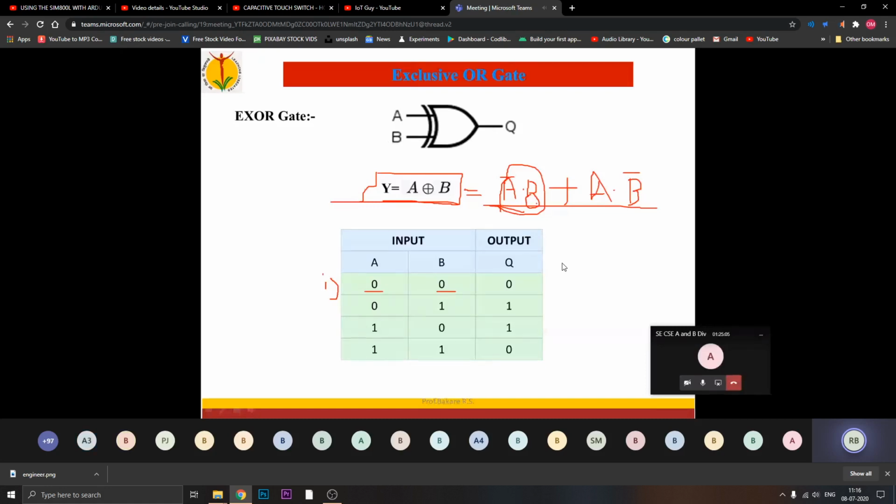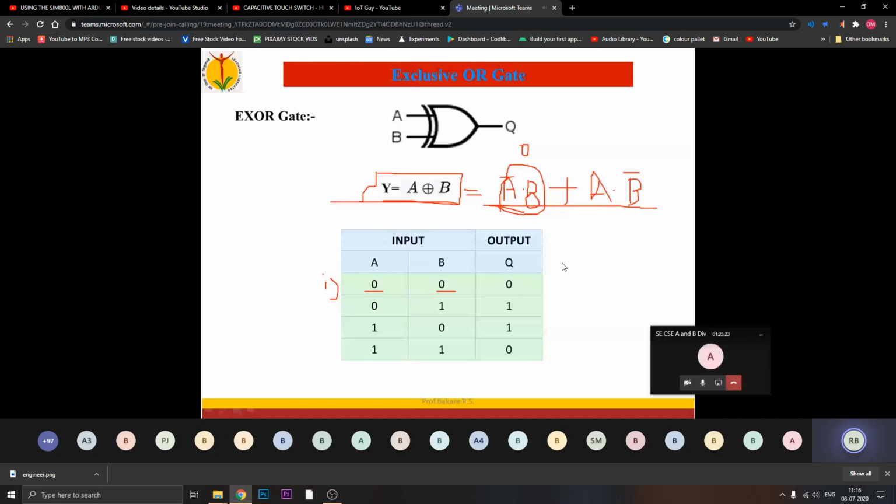B, its original value, is 0, so I need not bother about the value of A bar. Because B equal to 0, 0 into anything we got 0. So the first term we got is 0 for the first condition.